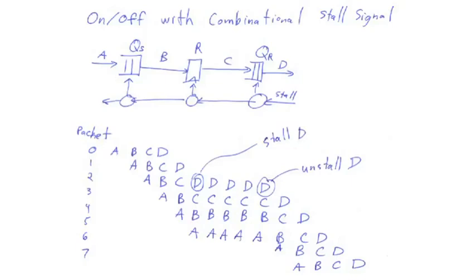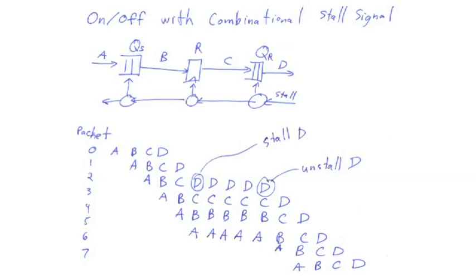OK, so let's look at a quick example here of flow control in our networks. This is not in your handouts, so you have to pay attention. The first type of flow control we're going to look at is basically a stall wire, or a big stop sign.